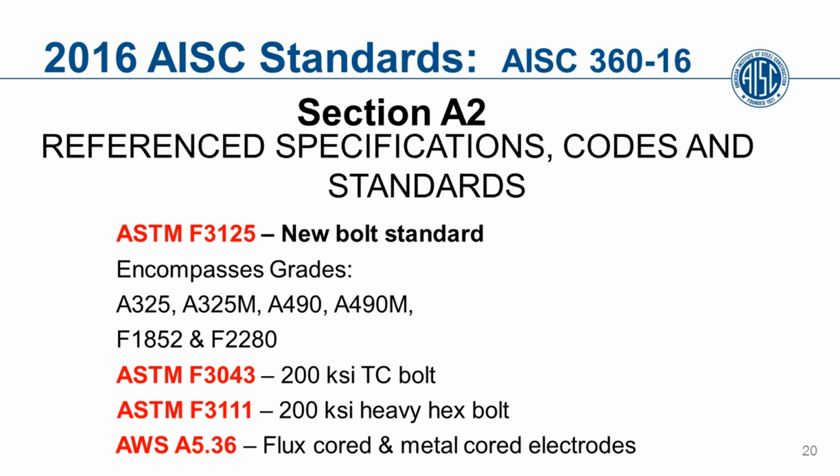One thing I did not mention, which I think is essential to mention, I said look up information on the F3043 and F3111 bolts, is they cannot be used in any area where they would be subject to corrosion. That means you can paint them, but keep in mind that paint does go away after a period of time and needs to be repainted, and you may have this in a corrosive environment.